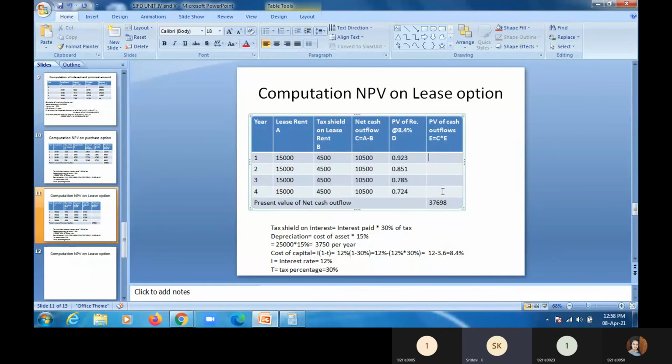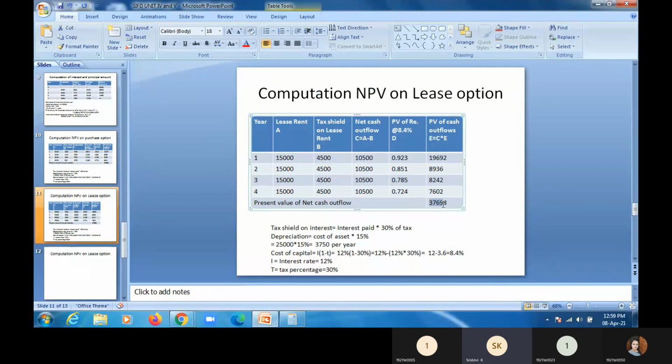You will get the values 9,692 first year, 8,936 in the second year, 8,240 in the third year, 7,602 in the fourth year.